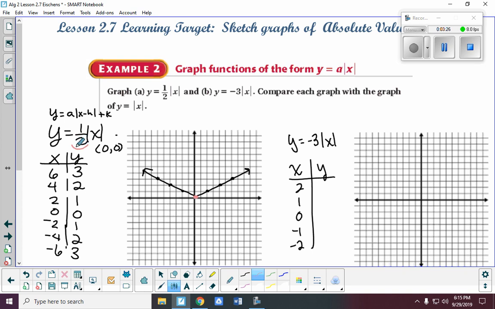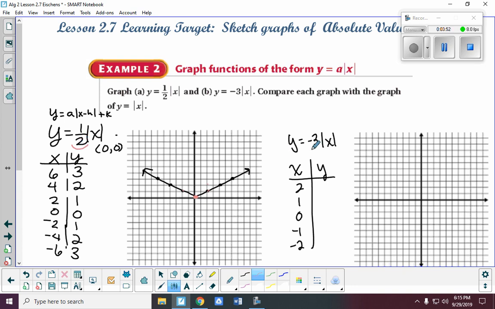And remember I said that acts like the slope on the right side? Well, if we go from this point to this point, that would be up 1 over 2. So sure enough, the slope of the right side is 1/2. On the other side, we go up 1, back 2, because we're reflecting it over that axis of symmetry right here. So this does act like the slope on the right side.